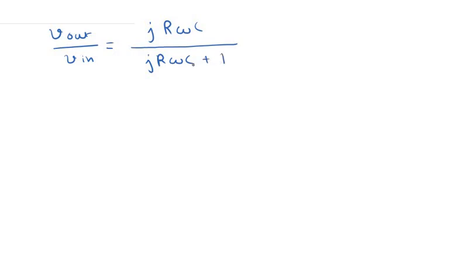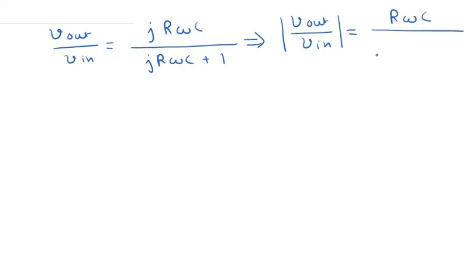So V out divided by V in is j R omega C divided by (j R omega C plus 1). And now if you consider the magnitudes, the magnitude of V out divided by the magnitude of V in is equal to R omega C divided by root over (R omega C) square plus 1.